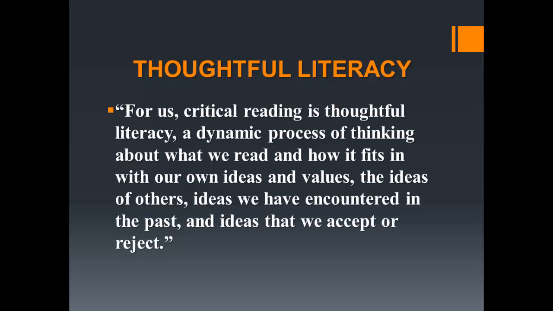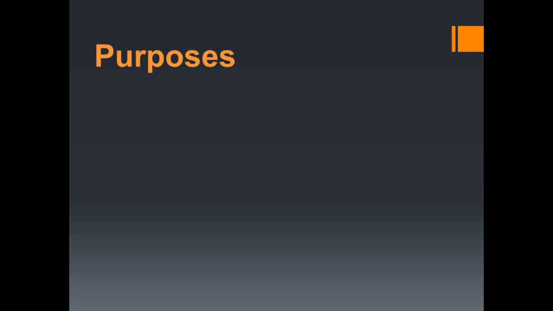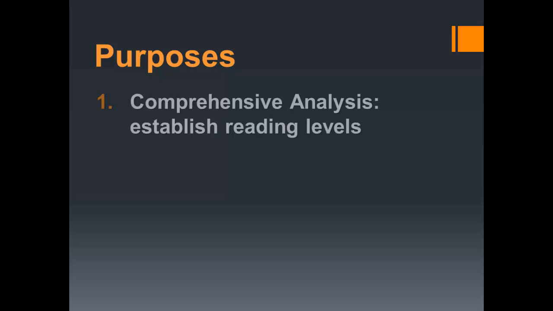So with that in mind, we can take that as our goal and say, what are the options that I have in the use of the CRI for assessment? First of all, you can use the inventory for a comprehensive analysis.